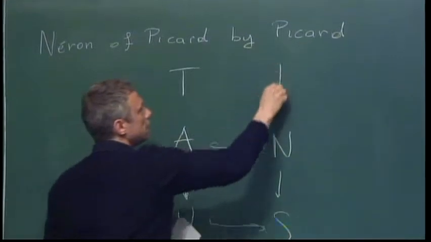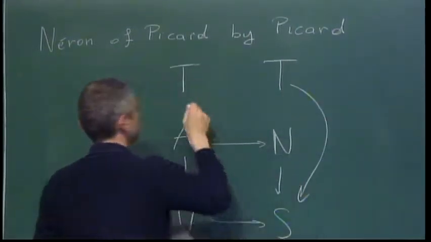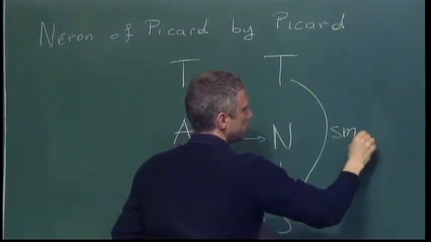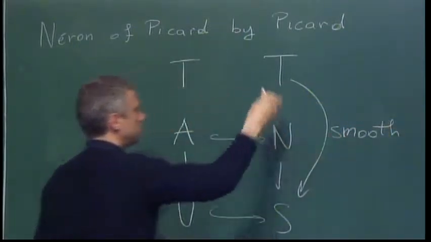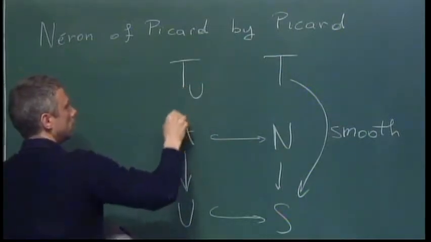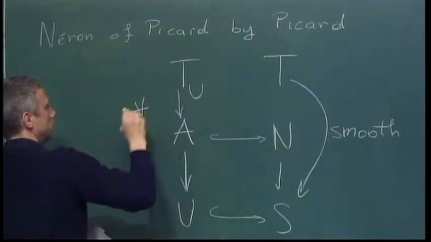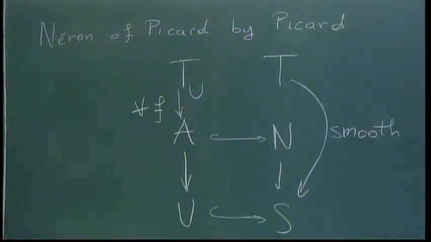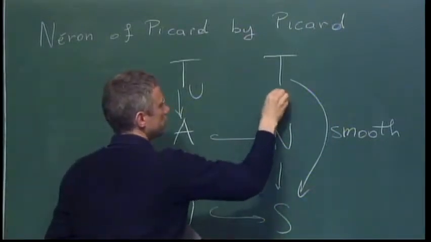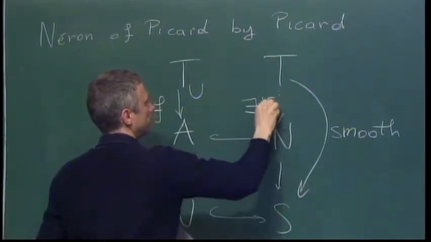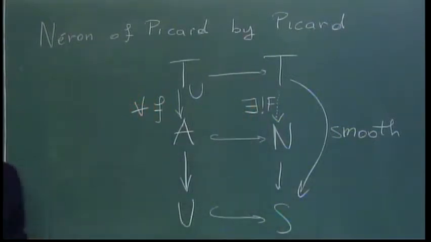Whenever I take T to be a smooth scheme over S, then for any morphism little f from T_U to A, there should exist a unique capital F that makes this work.